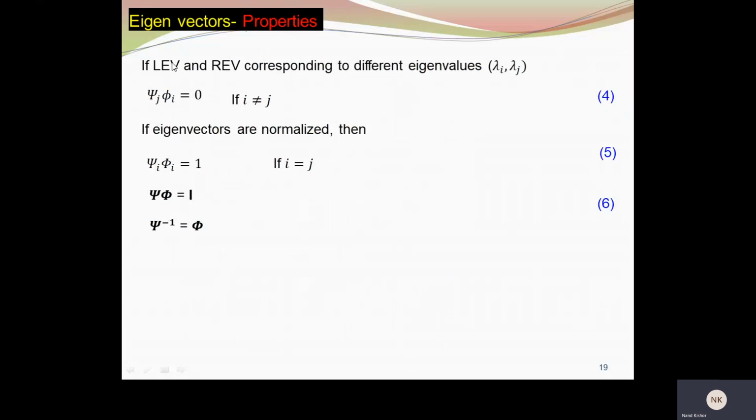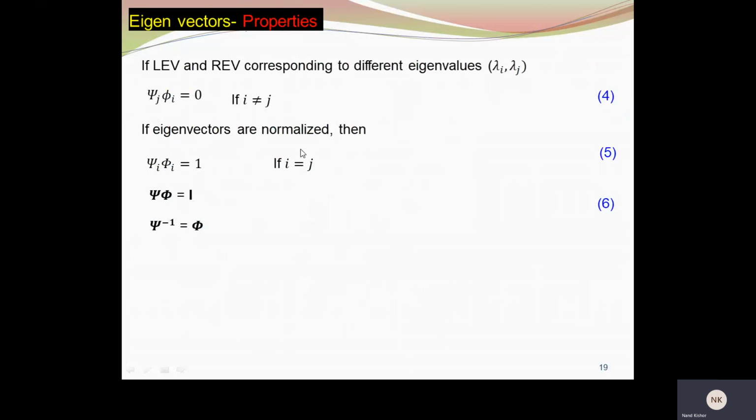If the left eigenvector and the right eigenvector correspond to different eigenvalues, let's say lambda_i and lambda_j, then the property psi_j phi_i holds, where psi_j corresponds to lambda_j and phi_i corresponds to the eigenvalue lambda_i. So if i is not equal to j, this property will always hold: the product of the left eigenvector and the right eigenvector corresponding to different eigenvalues is always 0.